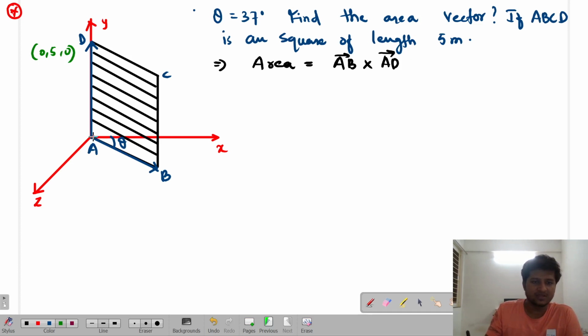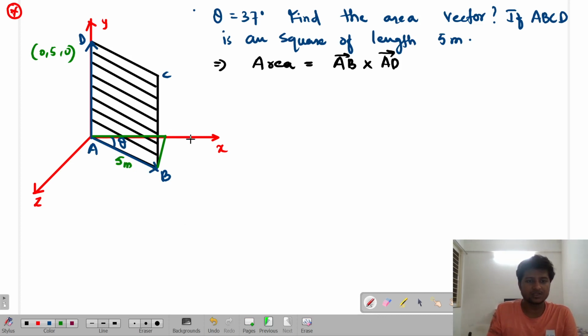So look over here. If theta is 37, then I can construct a right angle triangle over here, isn't it? Now if it is 5 meters and this angle is 37, what will this length be?